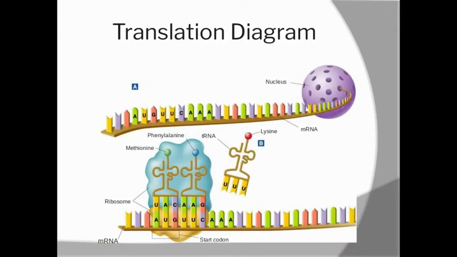Here's a diagram that shows this process in action. An mRNA strand of AUG moves through this blue and yellow ribosome, and through this, each one of the tRNA molecules will bind. You'll notice that tRNA has a really unique structure. Look at that shape.